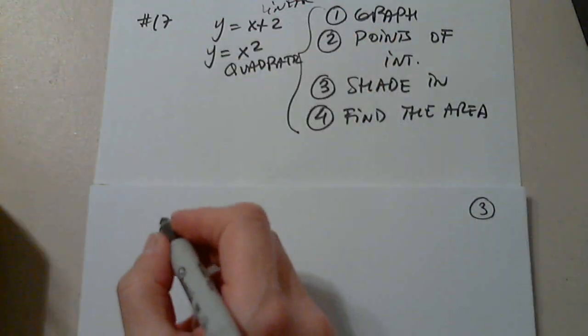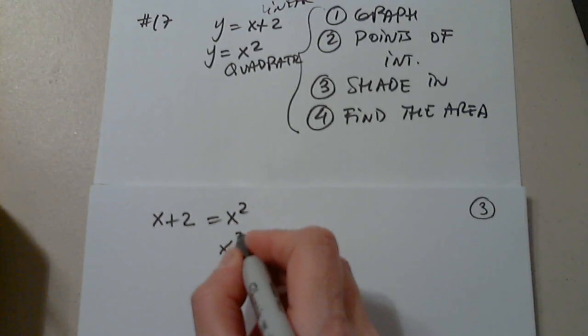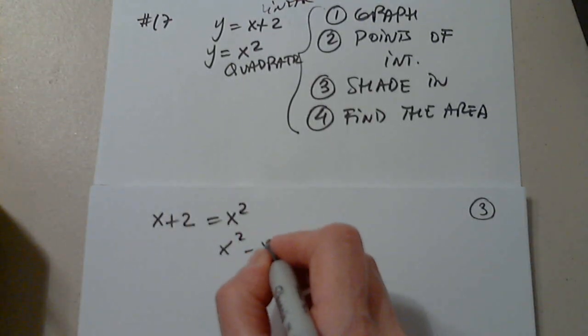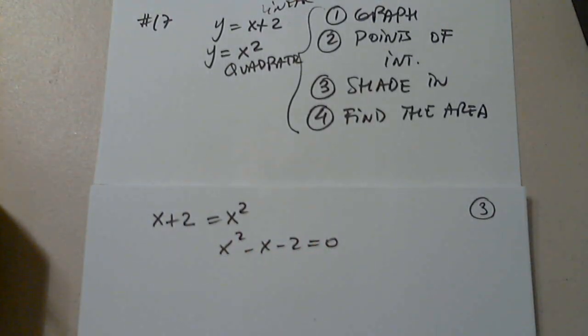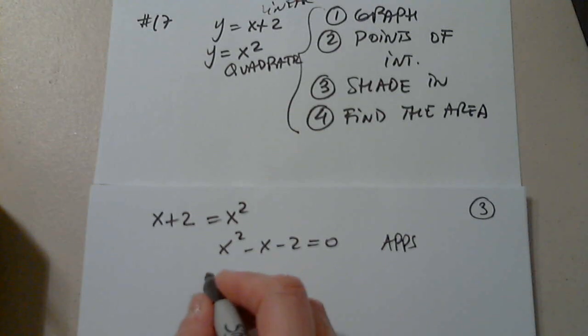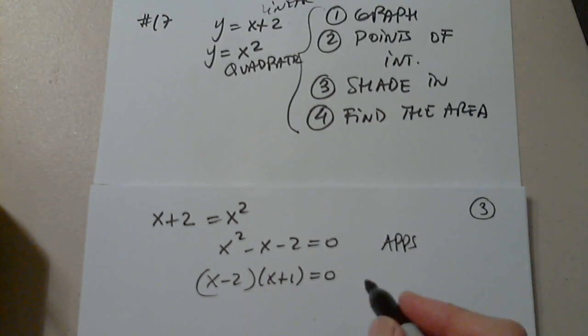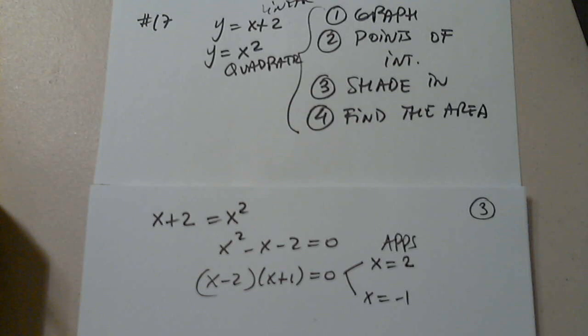When I set x plus 2 equal to x squared, or vice versa, x squared, or move everything to one side, x squared minus x minus 2 equals 0. Yes, you can use the apps to solve this, but this is too easy. It's x minus 2 and x plus 1 when we factor it. So I know that the points of intersection will have x equals 2 and x equals -1.